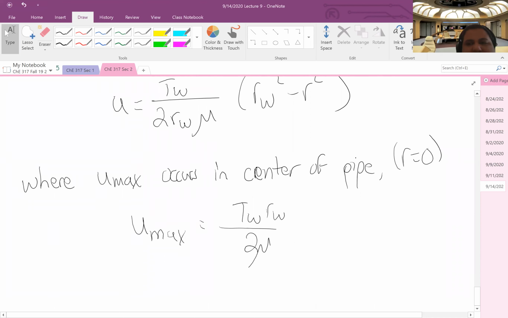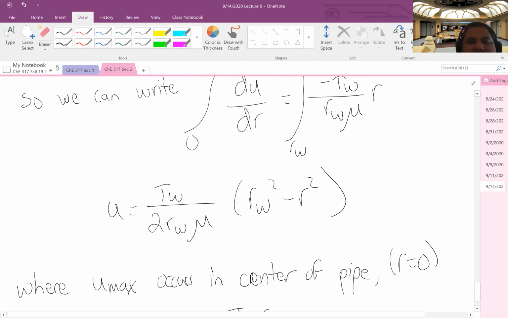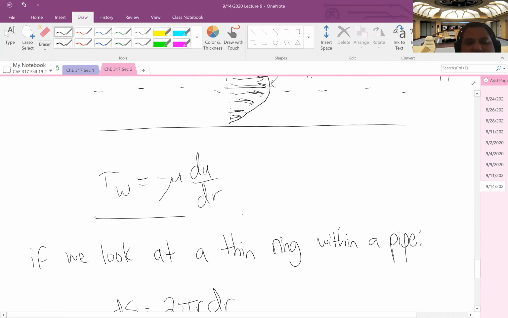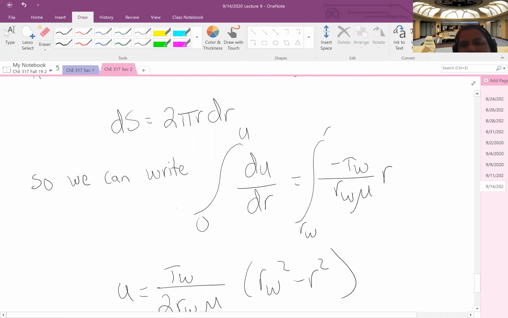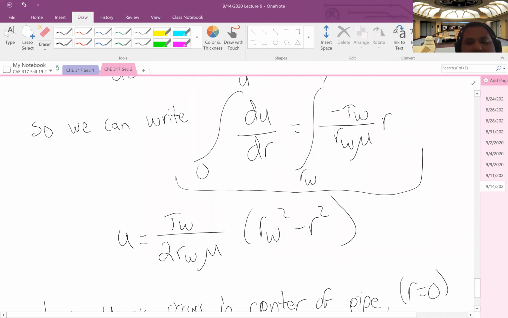And to be honest, you don't have to write all this down. There is a point to all this. I just like doing this discussion and derivation because it helps bring what we get to in context. And so I'll take a step back. Looking at the velocity profile as well as our description of shear stress as a function of that velocity gradient we see in laminar flow, we can set up an integration for that velocity gradient and solve it in terms of the velocity.